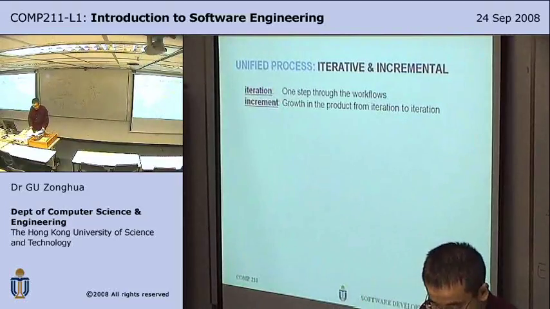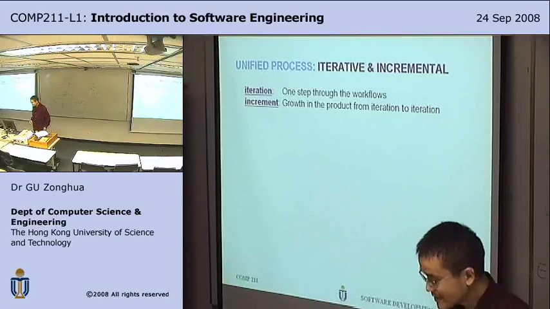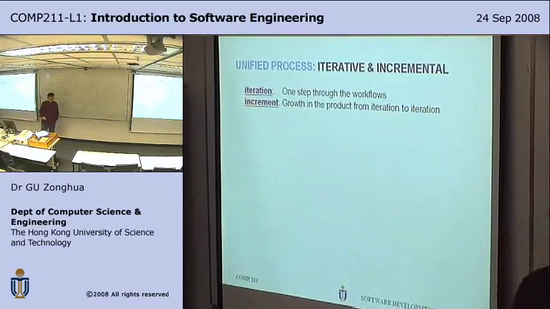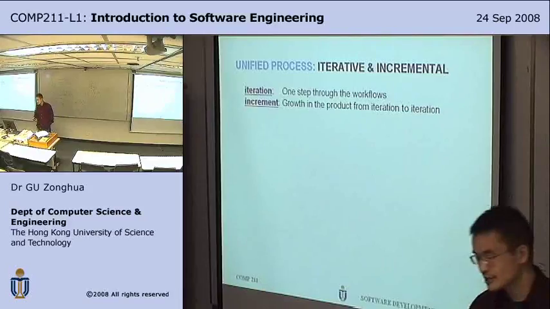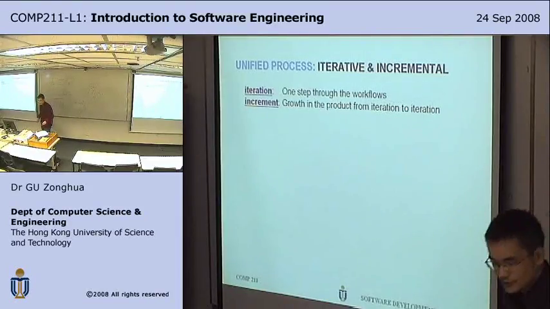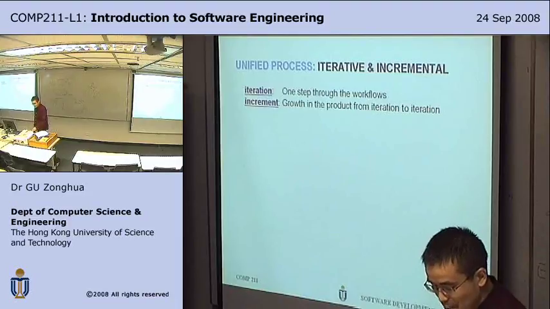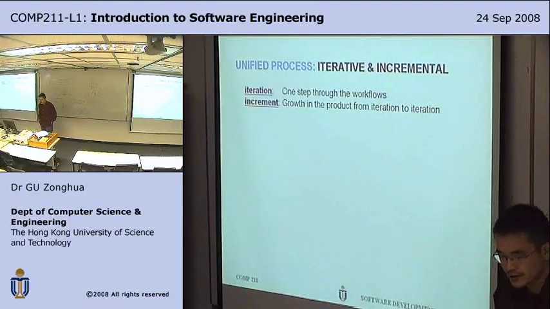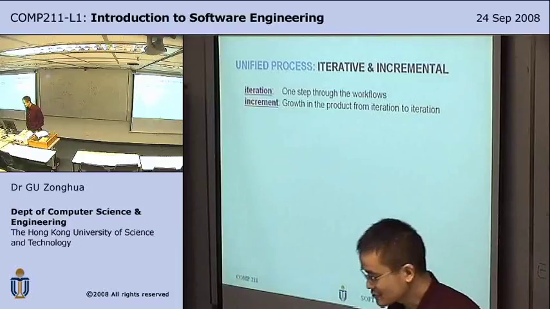So, iteration and increment. Iteration is one step through the workflow. That is one horizontal step from requirements to analysis to design to implementation. And increment is the growth in the product from iteration to iteration.